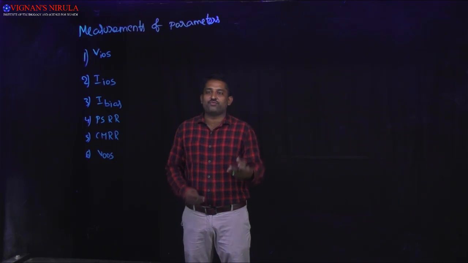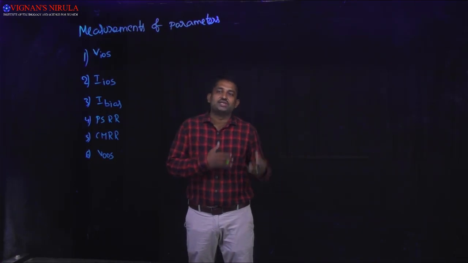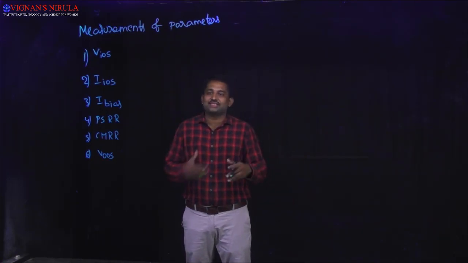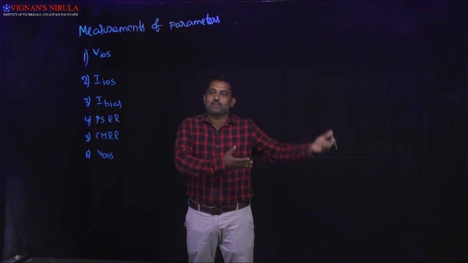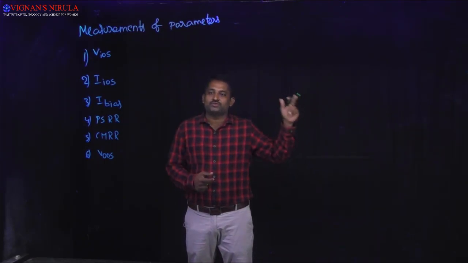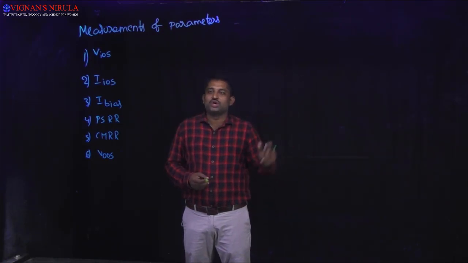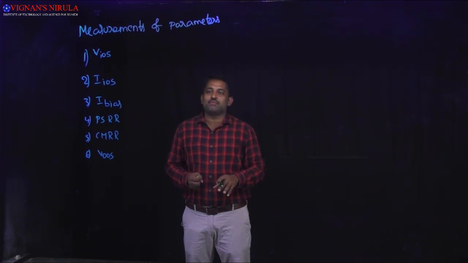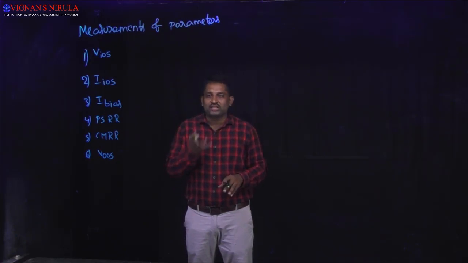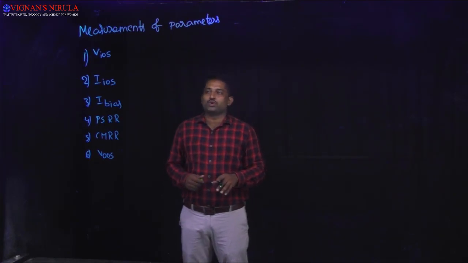But because of mismatching of the components present in the op amp, we may not get 0. Rather than 0, we may get some output voltage, which is called output offset voltage. To nullify that output offset voltage, we apply some amount of DC voltage at the input terminals of the op amp, which is nothing but input offset voltage.